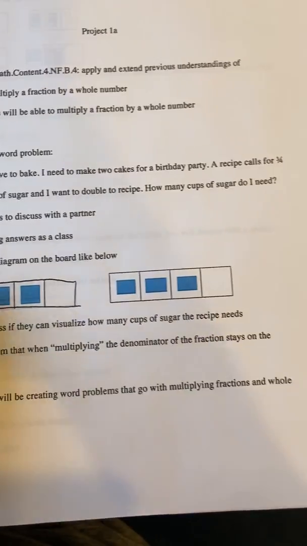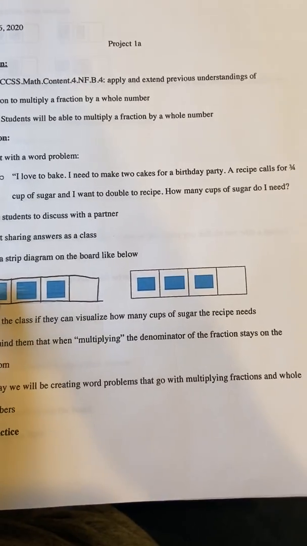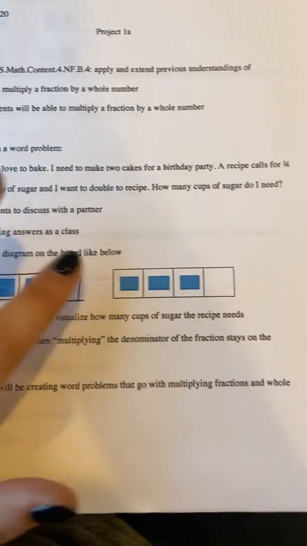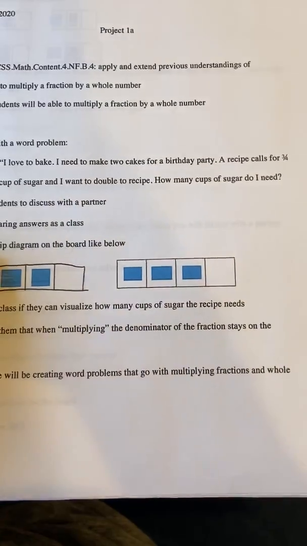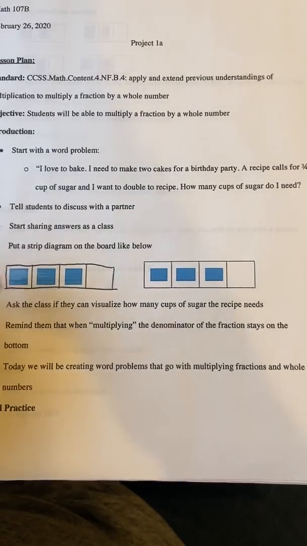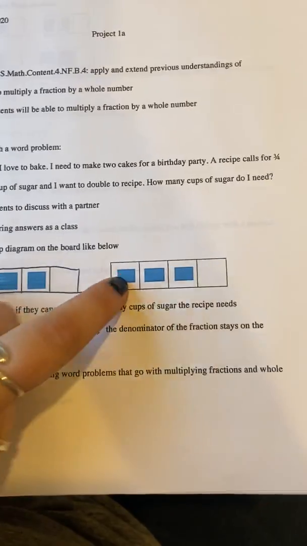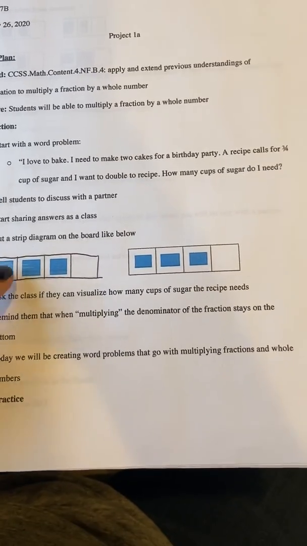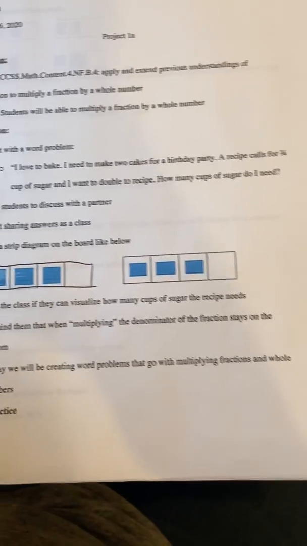These are the wholes, and we are splitting up each whole into 4 equal parts. And there are 3 parts in each that will be filled in to represent the 3 out of 4.